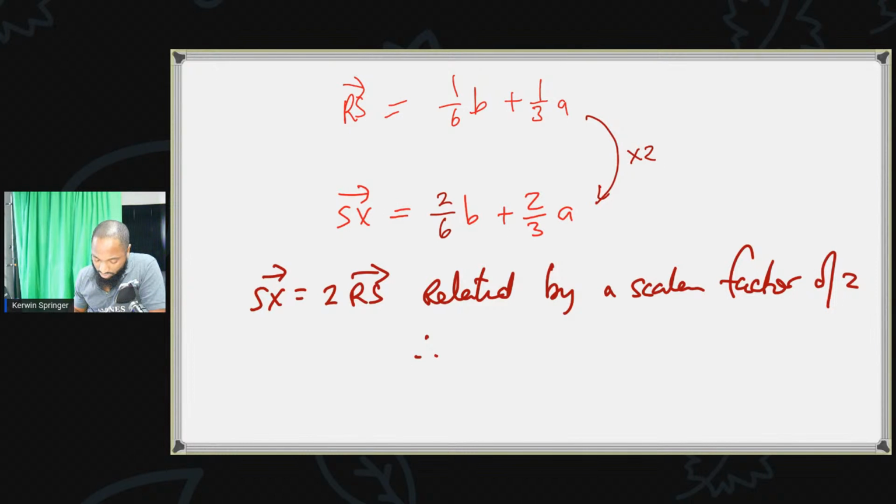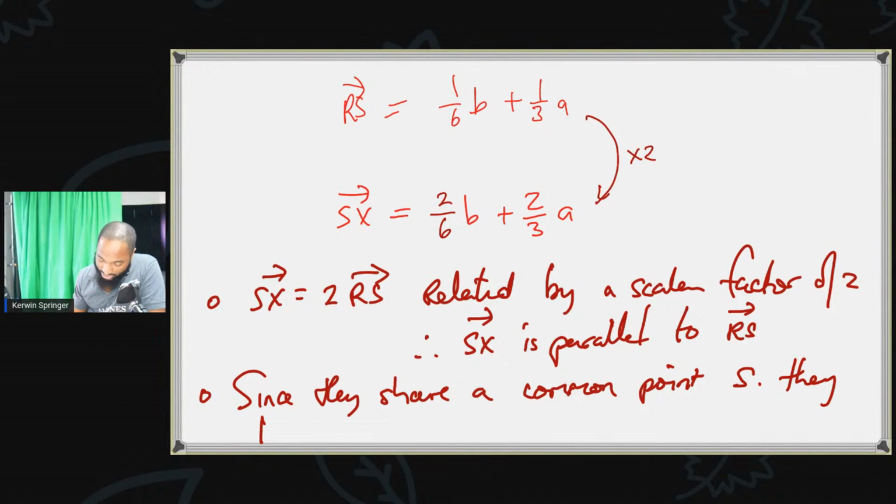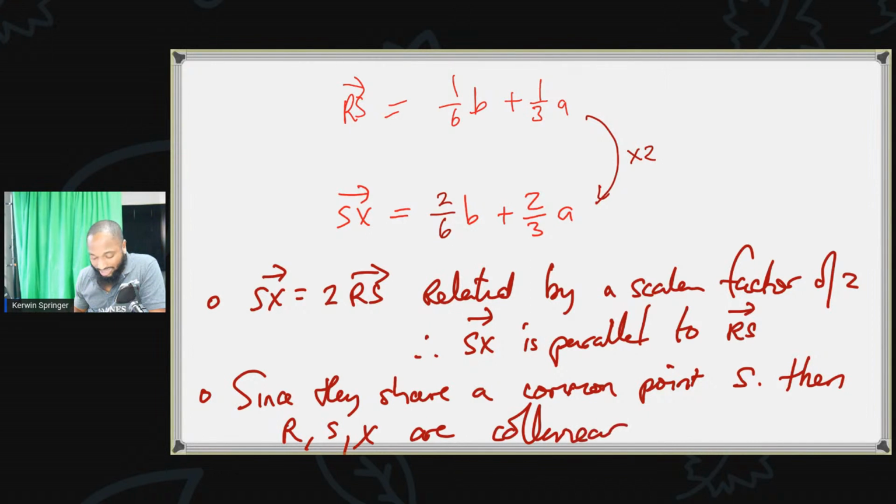Therefore, Sx is parallel to Rs, and since they share a common point S, then R, S, and X are collinear. That's the essay you want to write every time.